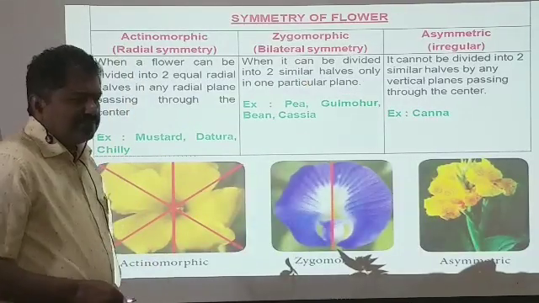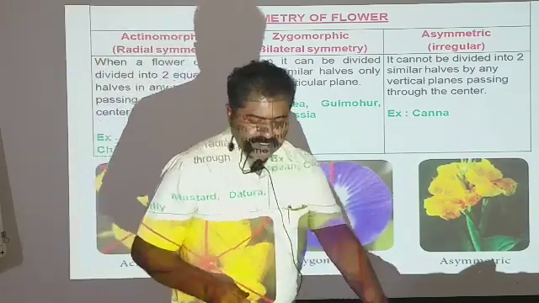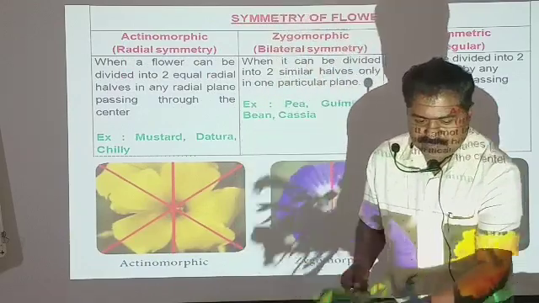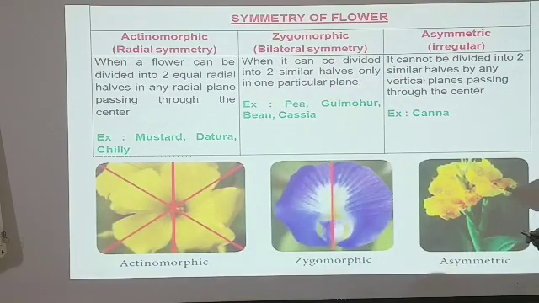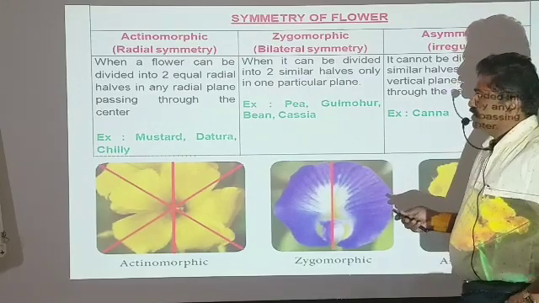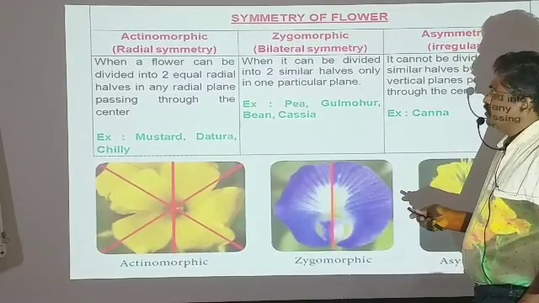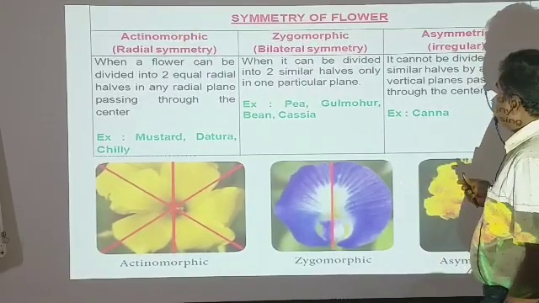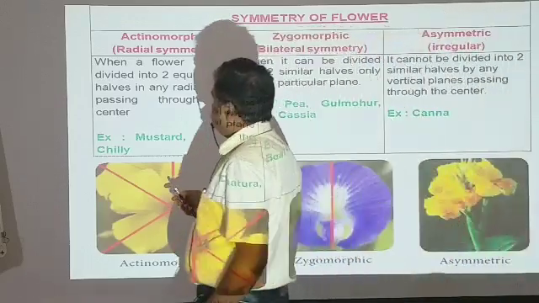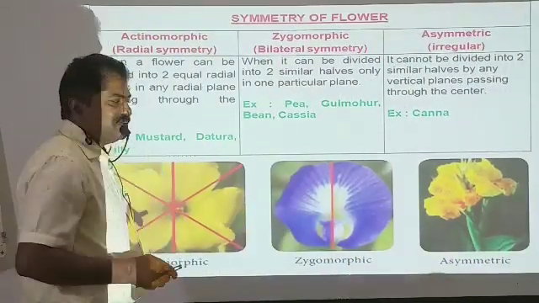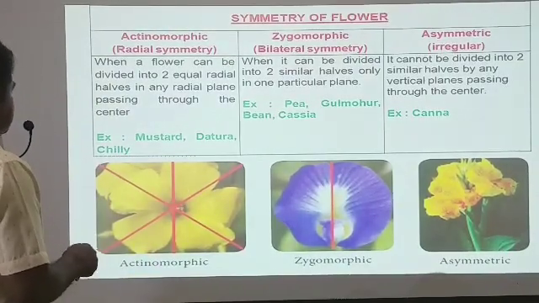And here a very important aspect, sometimes many students get confused in the examination regarding the symmetry. Accordingly, flowers are classified as actinomorphic, zygomorphic and asymmetric. This is an actinomorphic or radial symmetry. Here I showed the lines.